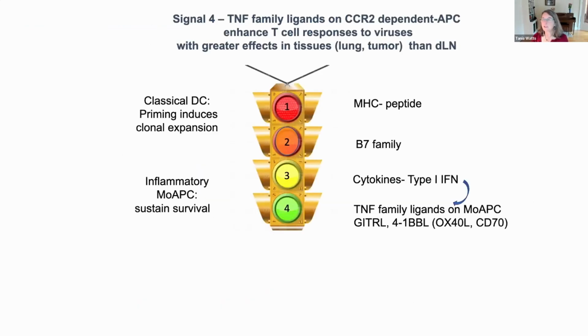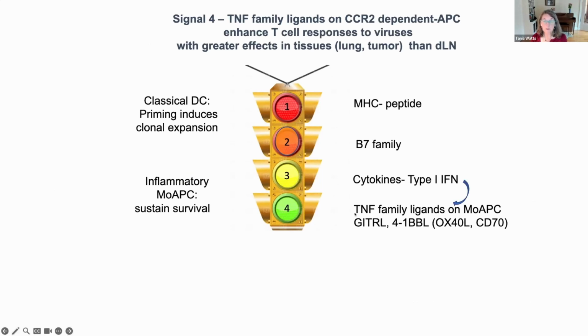So this leads to our current model then of T cell activation, where signal 1, signal 2, and signal 3 take place on dendritic cells in the draining lymph node and initiate this burst of clonal expansion. Then type 1 interferon induces the TNF superfamily ligands on these inflammatory monocyte-derived cells that are massively induced during infection.